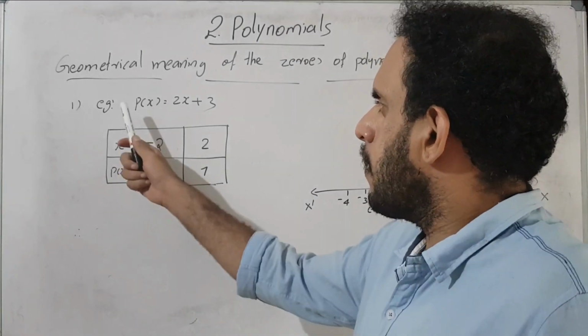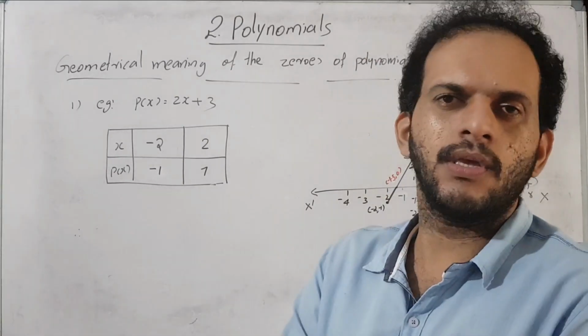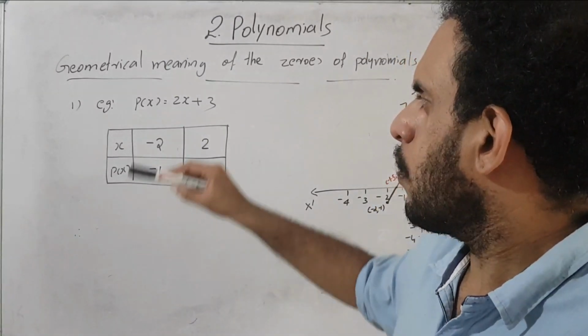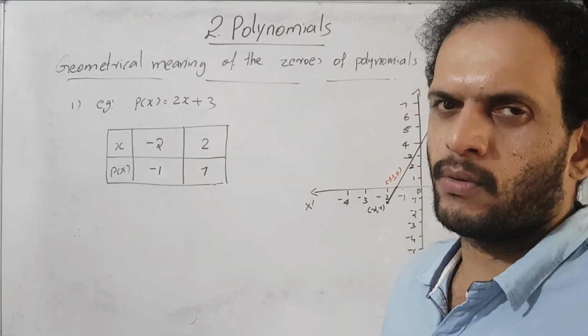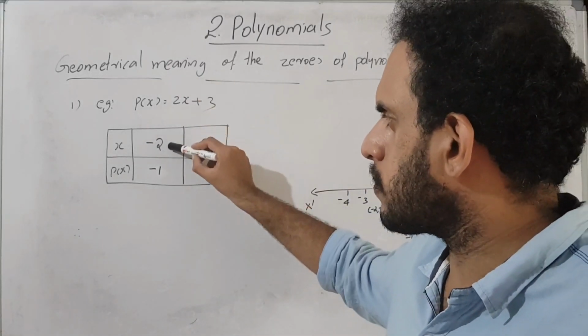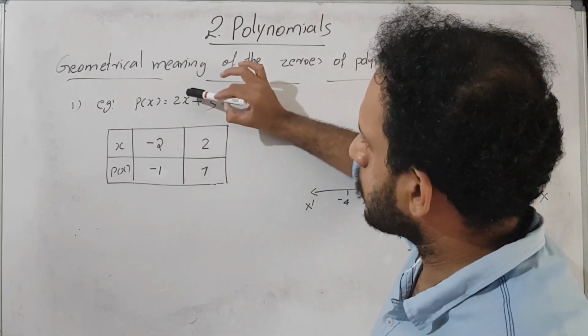For example, p of x is equal to 2x plus 3 is a linear polynomial. So how do we find the values of the polynomial? We substitute any value for x. I first choose x is equal to minus 2.